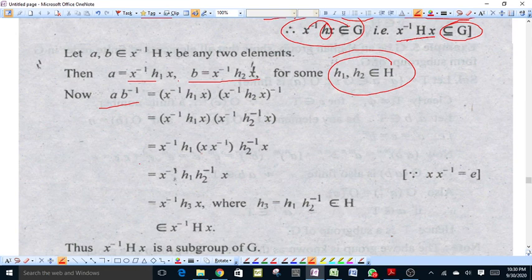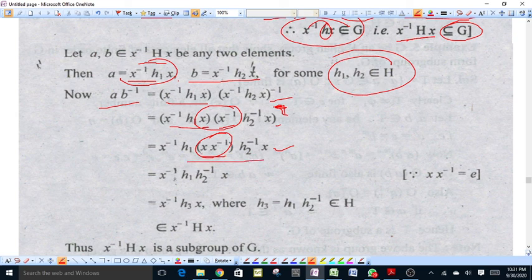Now AB inverse will be equal to, by putting the value of A is equal to x inverse h1x, and B inverse will be equal to x inverse h2x whole inverse. By using the reversal law, this will be equal to x inverse h1x x inverse h2 inverse x. This will be equal to x inverse h1, by using associative law, x inverse x is equal to E identity element.